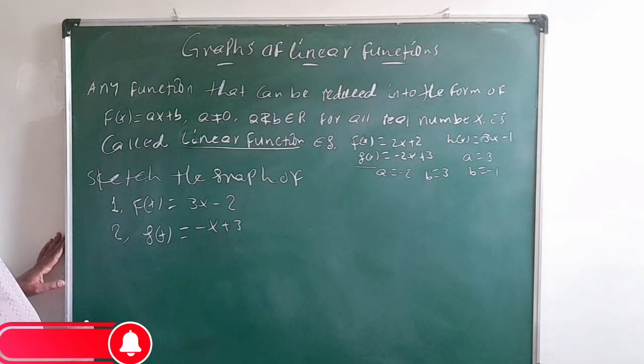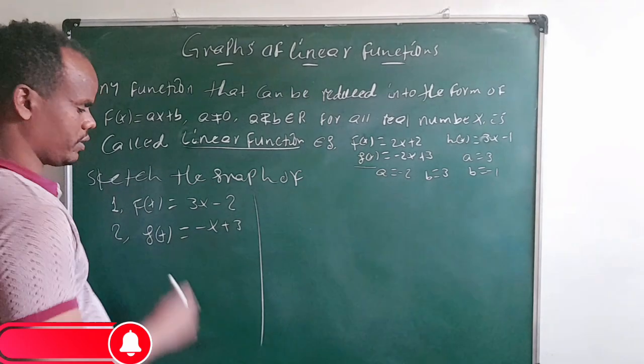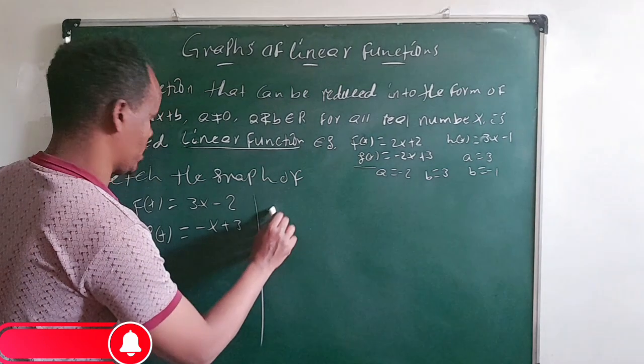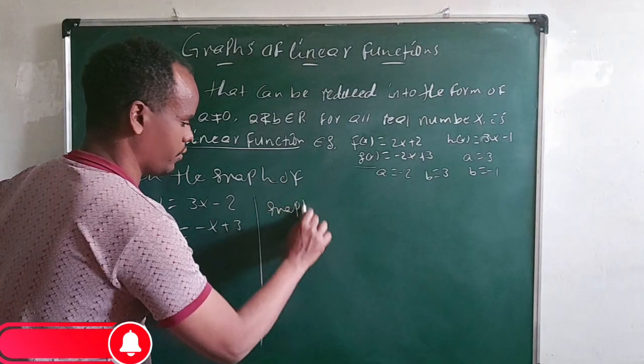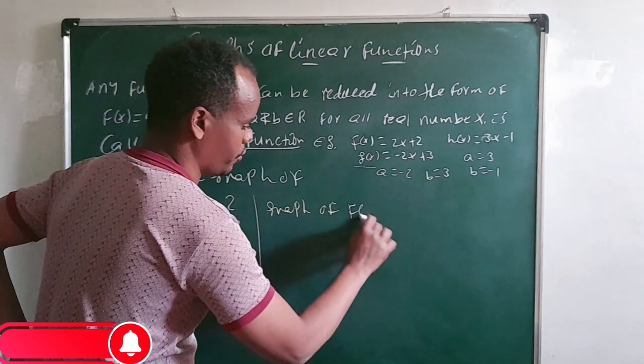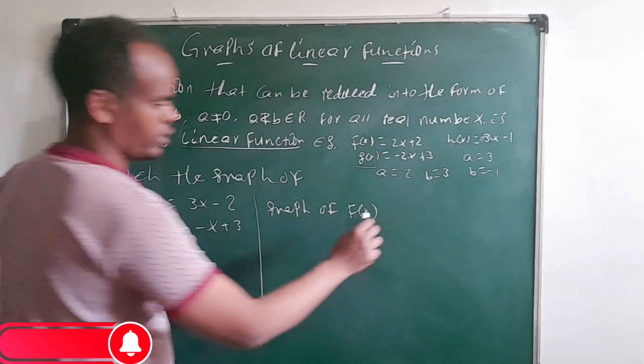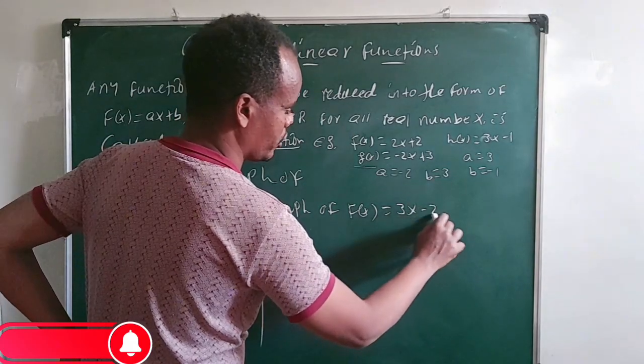Okay, so first we take the graph of f(x) = 3x - 2.